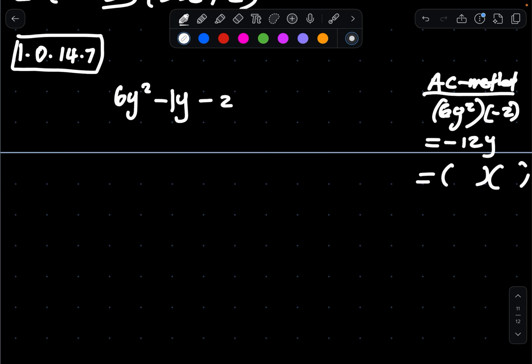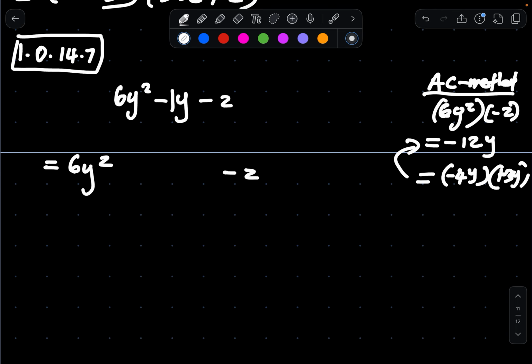And we can see that will be given by minus 4y and positive 3y. All right. When we add minus 4y and positive 3y, they give us negative 1. When you multiply them, they still give you that. Now we're going to come here and say 6y squared, and the minus 2 stays the same.